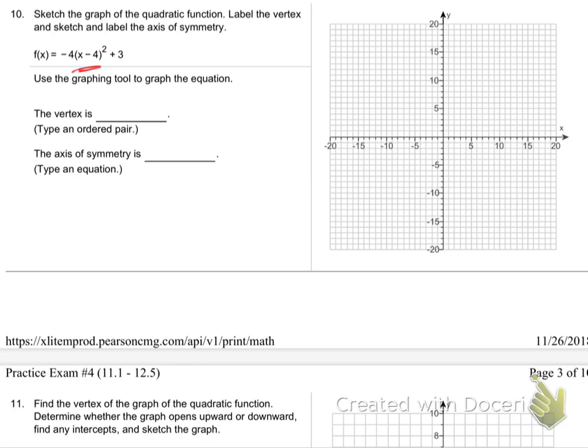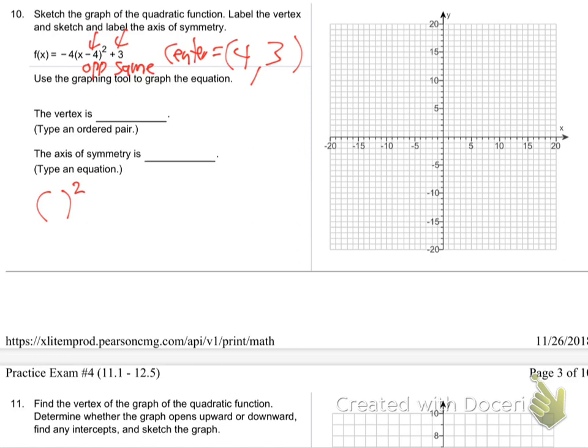So when you have parentheses squared, remember what you do? How do you find the center in that case? Opposite, middle, same. Opposite, same. So the center is going to be the opposite of this number next to x. So that'd be positive 4. And same as the number out there, positive 3.